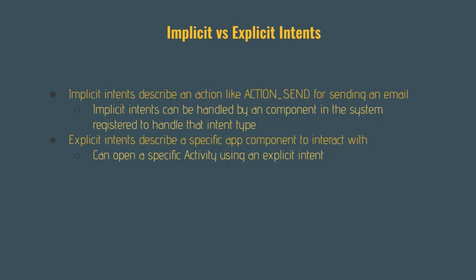They basically tell the system what you want to do, but then the operating system is free to choose what component to use to handle that. So that's why sometimes if you want to, let's say, send an email and you have multiple email clients on your phone, you might get an option to choose multiple clients to make that email. Similarly, if you want to send a text message, you might get multiple options like Facebook Messenger, WhatsApp, Google Messages, all of which know how to send and receive a text message.